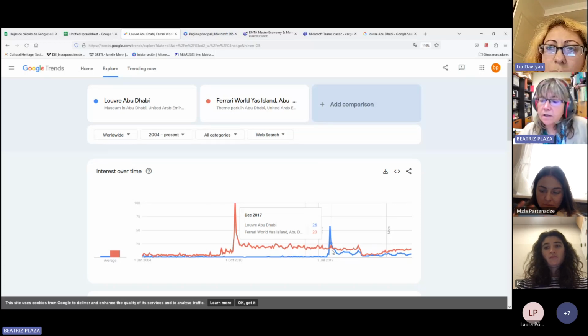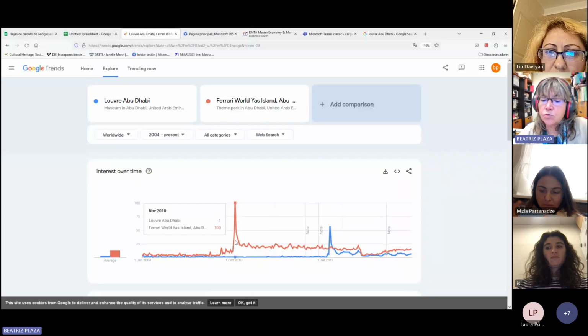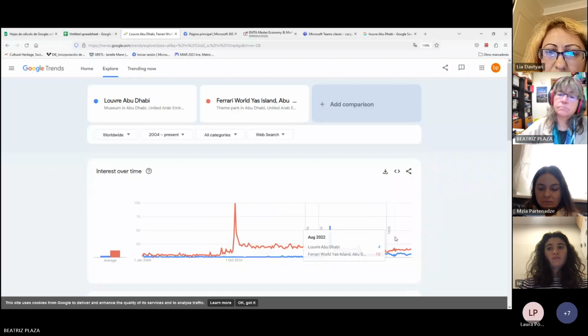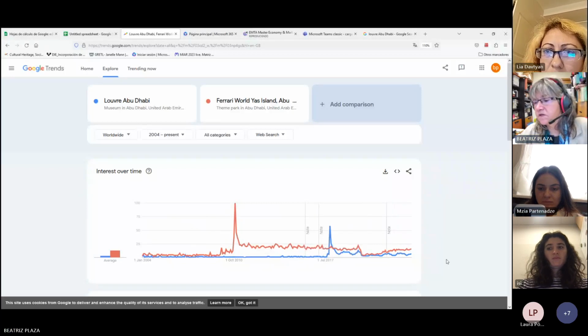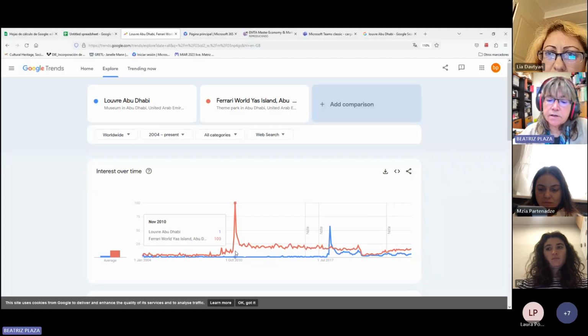So the maximum would be there. So which is the maximum of attention in the case of Ferrari World? November 2010. Okay, you can see it there. So November 2010, you have the maximum of attention in Ferrari World.